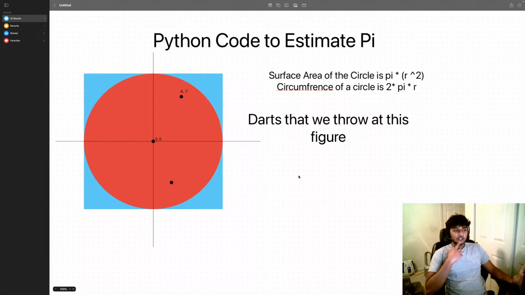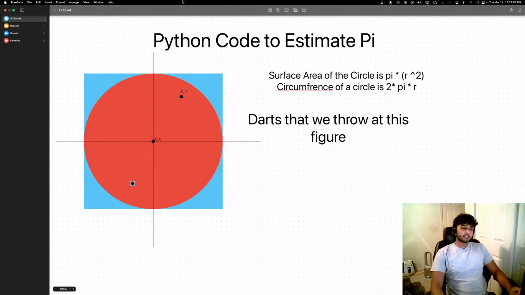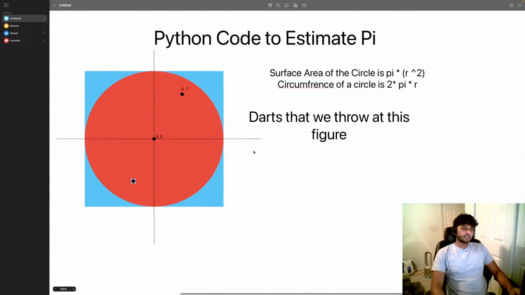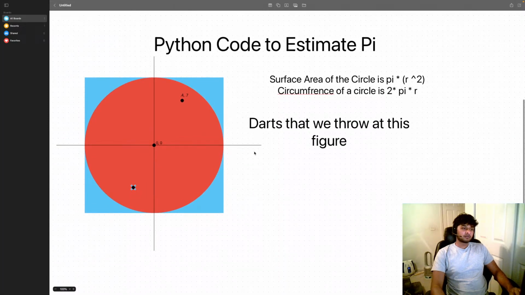So I know y'all are following right now, but we have these darts, and I'm just thinking about the specific math of how we're going to do this, because I'm sure you guys see where we're going by now.